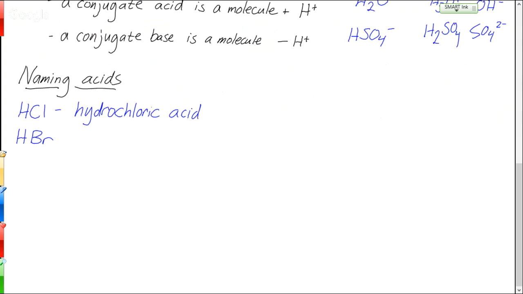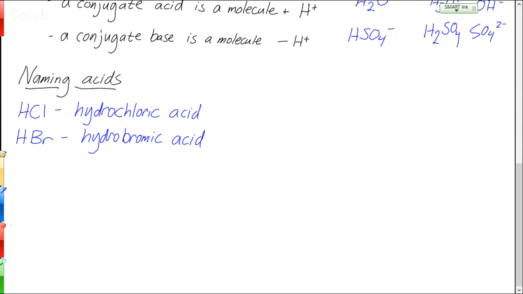But it also works for the other acids in that category. So like HBr, if you had to guess, what would you call that one? Yeah, I think you got it. Hydrobromic acid, because it comes from bromine.